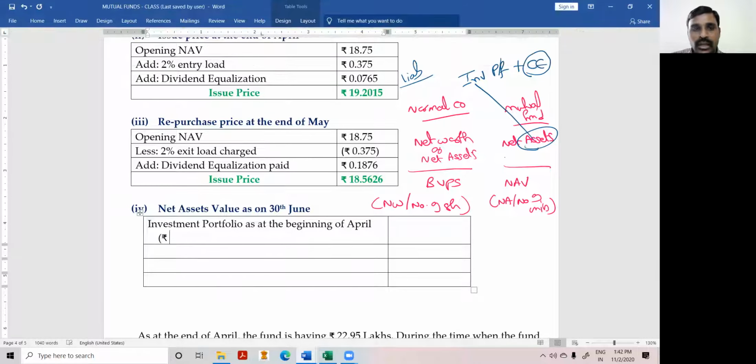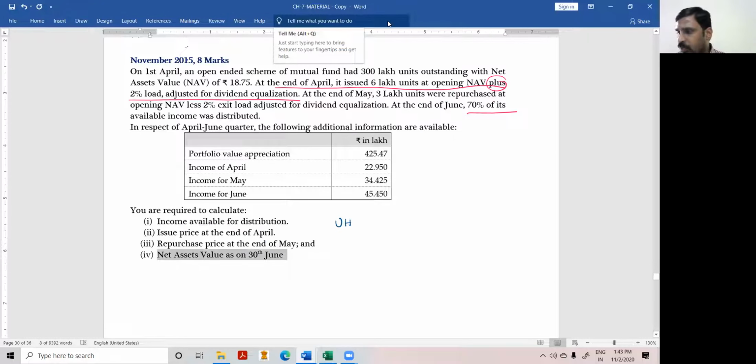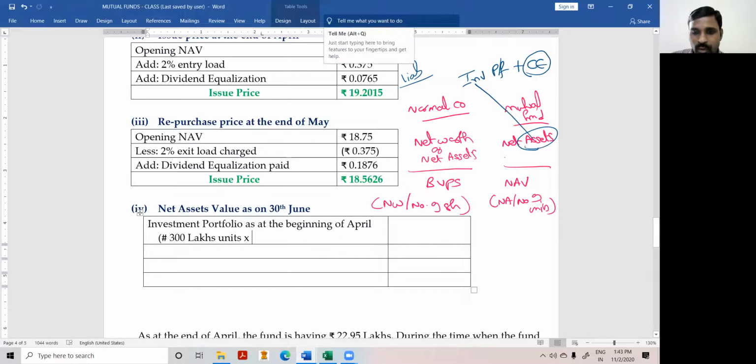Net assets: 300 lakhs units. Per unit value they have given, 18.75. So 300 lakhs units into 18.75.